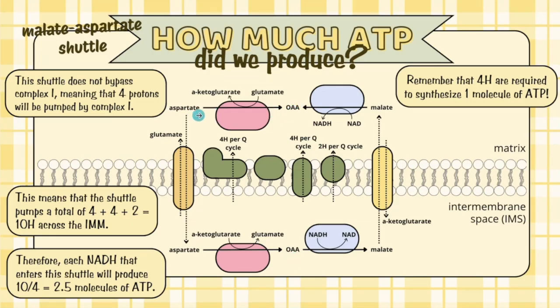And now aspartate will go back to the intermembrane space through another antiport called the glutamate aspartate transport protein, which takes glutamate into the matrix.